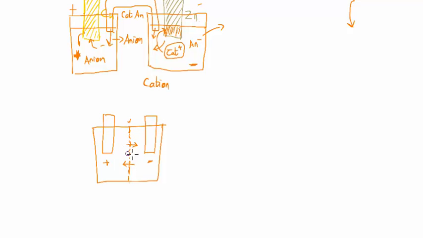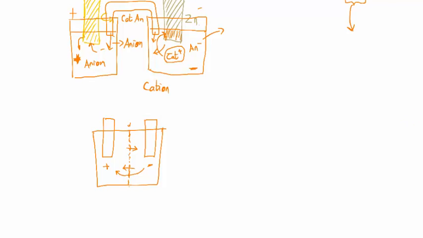So instead of a salt bridge donating the ions I want, I have this porous membrane that lets the negative charge go over to satisfy the positive charge. Does that make sense?